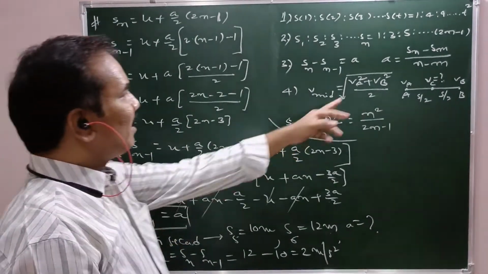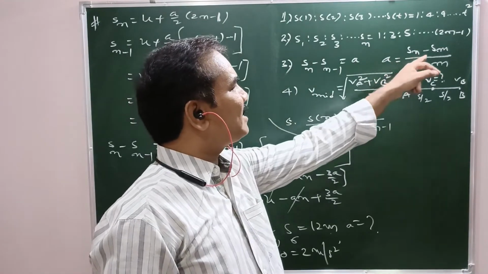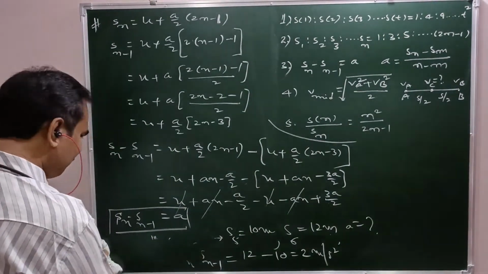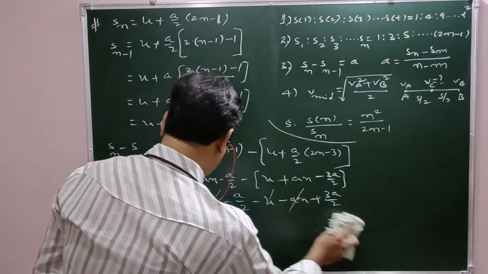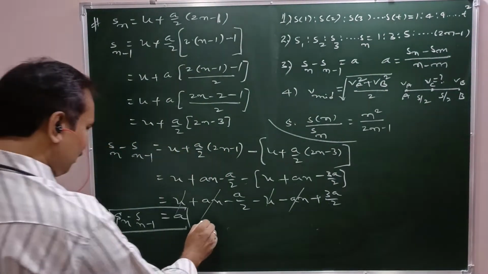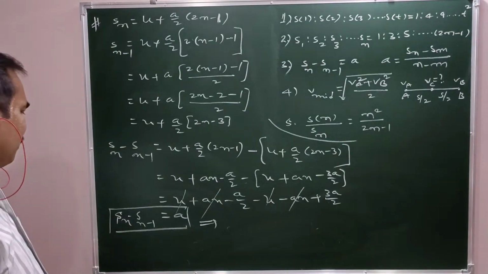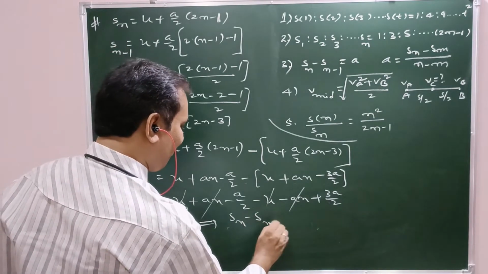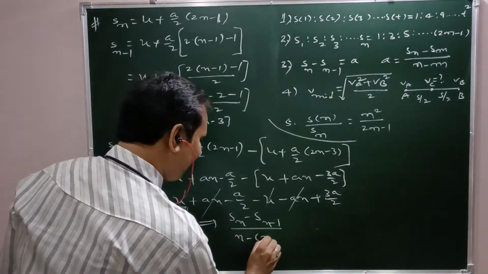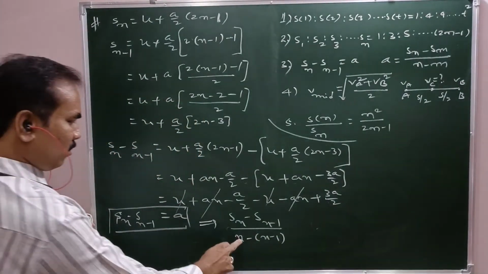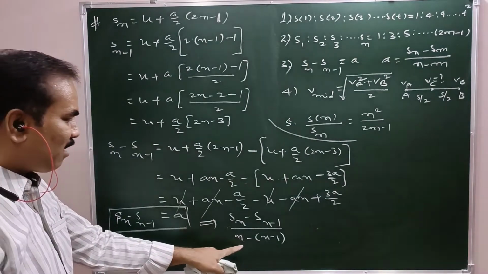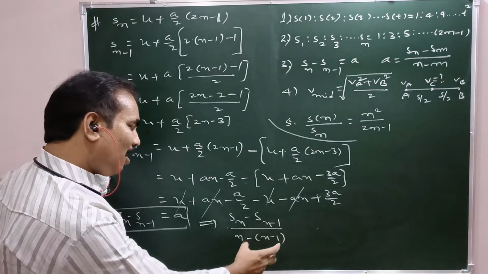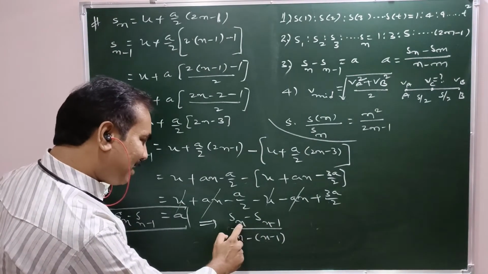Okay, now coming to the next result. A equal to Sn minus Sn minus 1 divided by n minus 1, say. The numerator is the distance covered in nth second minus distance covered in n minus 1 second, and the denominator is n minus of n minus 1.